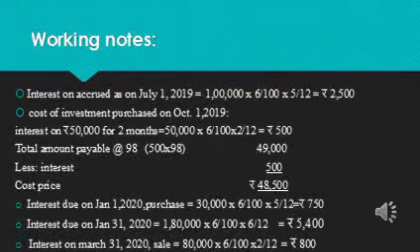The working note says the interest accrued as on July 1st, 2019. That is, the opening is given on July 1st, with balance b/d rupees 1 lakh and the cost amounting to 96,500. Therefore, the interest for that period will be calculated. That is 1 lakh into 6 by 100, and that time period should be considered.